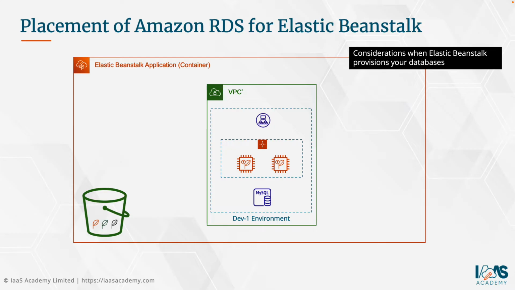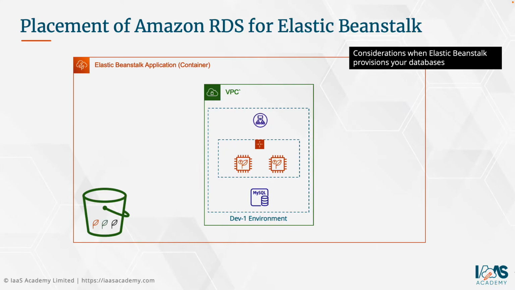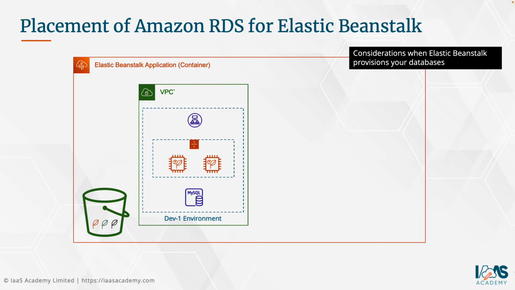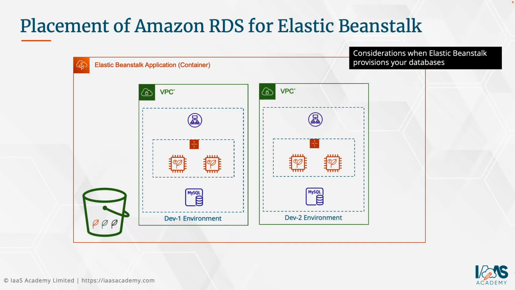If you ever need to deploy another version of this application, perhaps in another environment for testing purposes, then what that means is the Elastic Beanstalk service will deploy another database in that new environment. And so now you have two separate databases supporting two environments in your application.